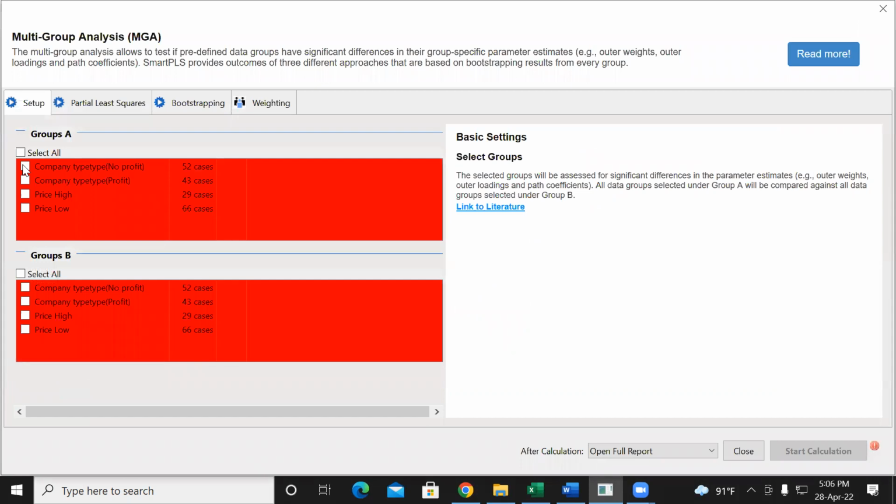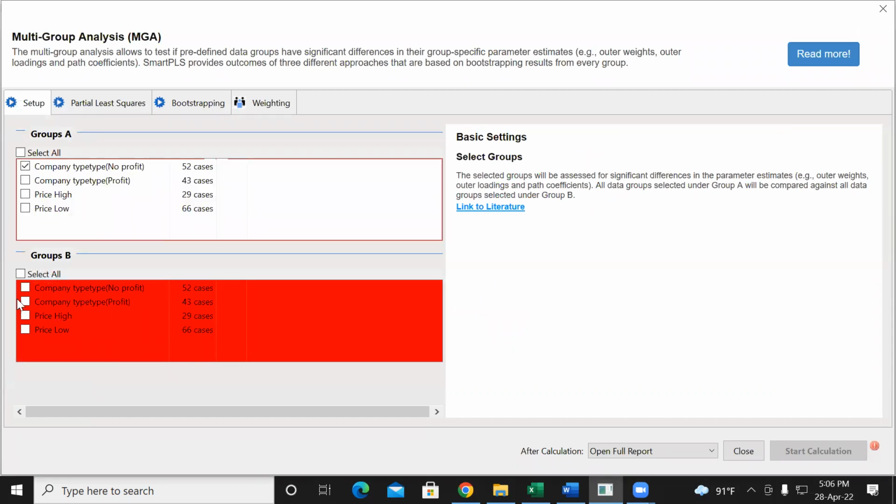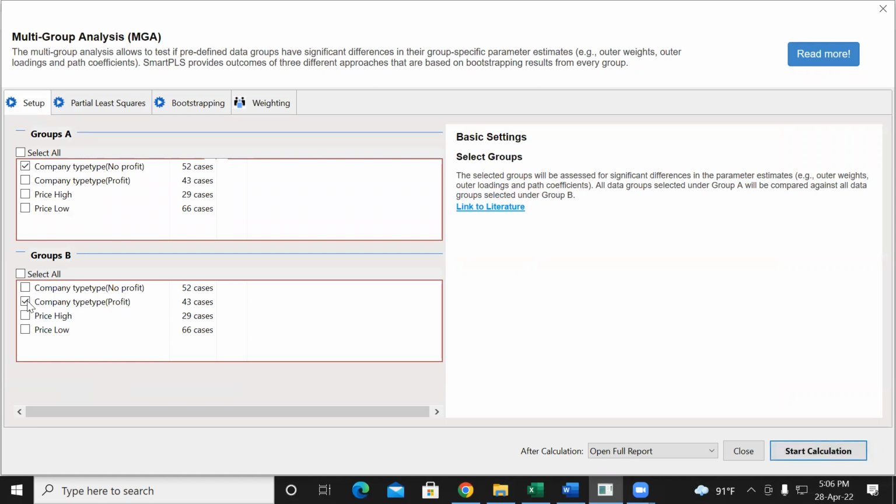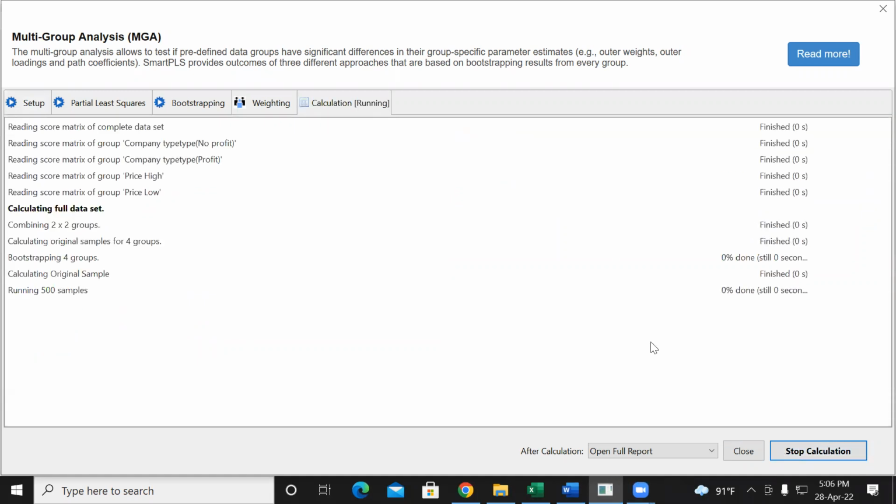Let's say company not-for-profit against profit. That is one thing. The other one, high price against low price. Likewise, you can decide the groups as per your requirement. Now I decided which groups I want to compare. Start calculation. Very simple.